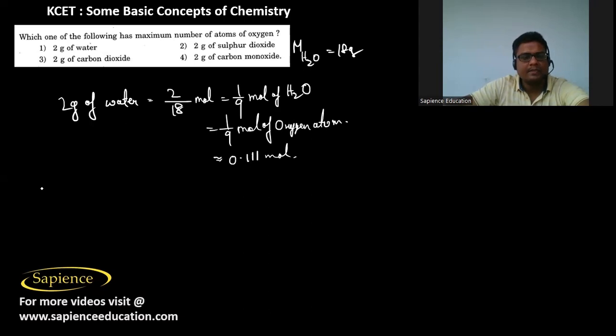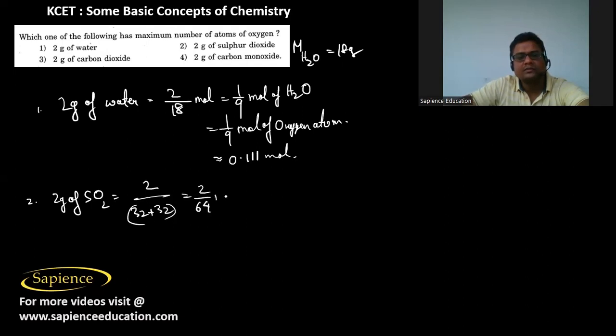Okay. In the second one, 2 gram of SO2 will have 2 by the molar mass of SO2, that is 32 plus 32, that is 64. So it is 2 by 64 mole of SO2, which means 1 by 32 moles.